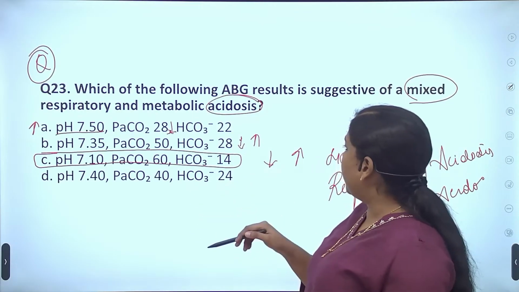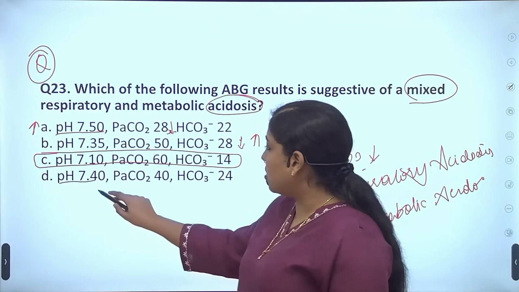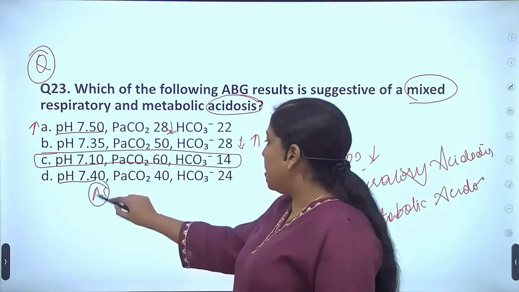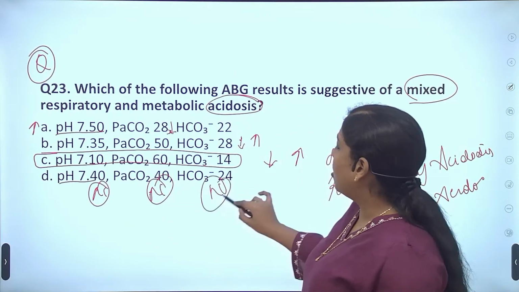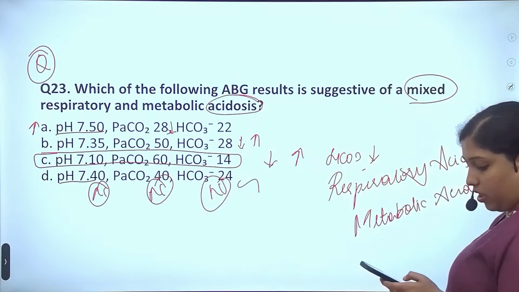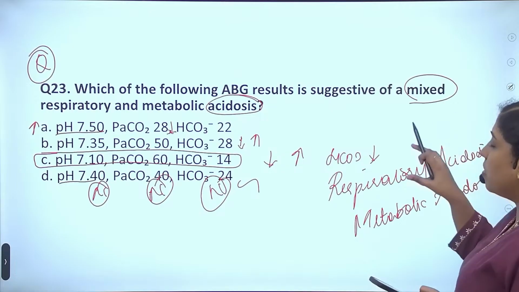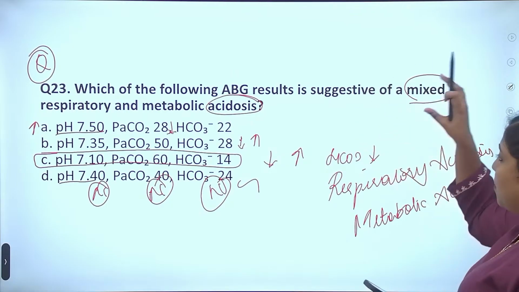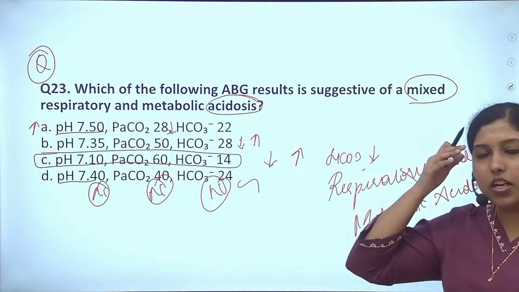So we have identified option C as the mixed problem. In 7.40, the pH is normal, PaCO2 is in the normal 35 to 45 range, and HCO3 is also normal, so this is not the correct answer. Mixed respiratory and metabolic acidosis, keep this in mind.